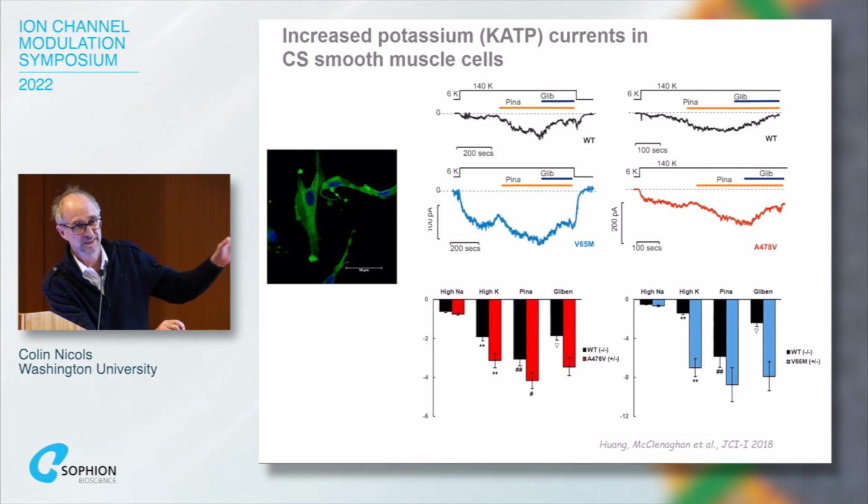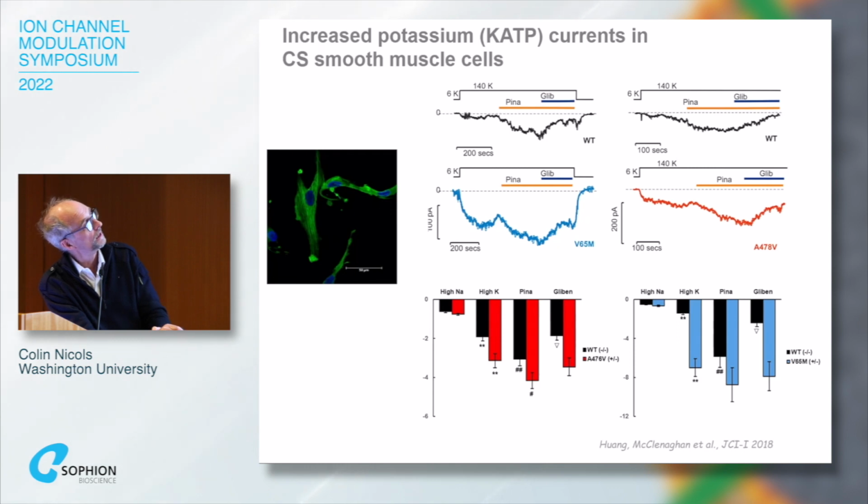I'm not going to show much electrophysiology, even though that is what we do. And then we switch the external solution to 140 K, and that'll switch the EK to 0. So at minus 70, we get an inward current carried by potassium channels. And it's not very big in control, and if we add pinacidil, it goes up a lot. And then if we add glibenclamide, which is one of these sulfonylurea blockers of the channel, it goes back down again.